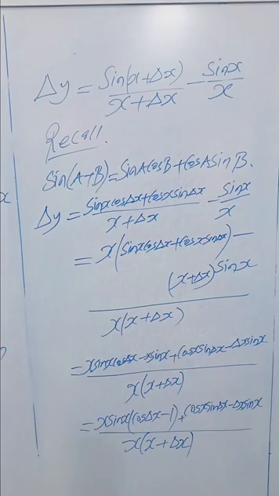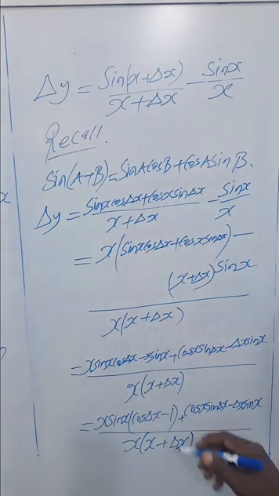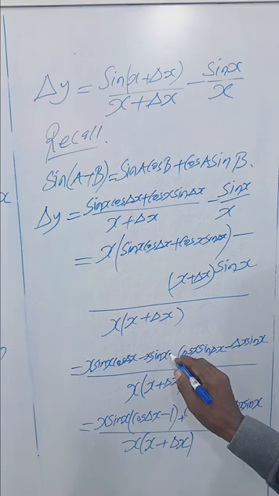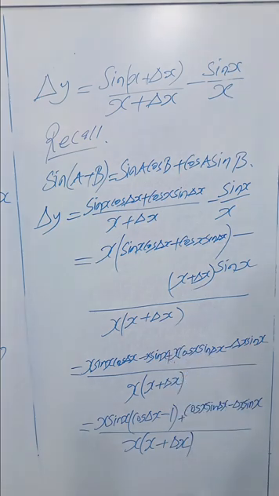Carrying out the multiplication of these terms, this is what we get if we expand. Collecting like terms, this one is also affected by x. So plus here there is x, of which here there is x.